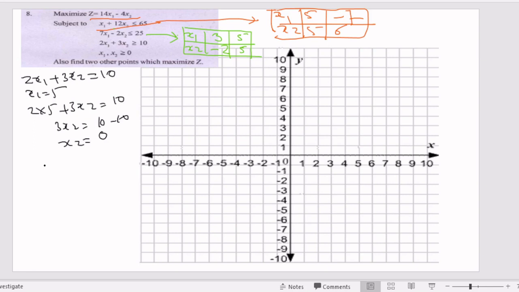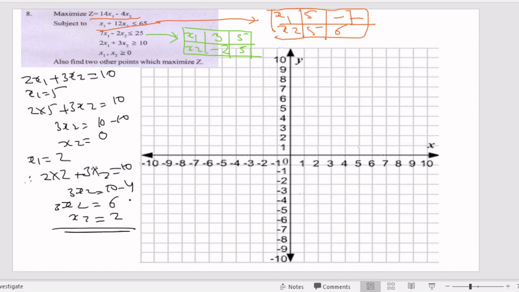And if I substitute x1 = 2, 2 into 2 + 3x2 = 10, 3x2 = 10 - 4, 3x2 = 6, x2 = 2. So we have two coordinates here also: when x1 is 5, x2 is 0, and when x1 is 2, x2 is 2. This is for this line.